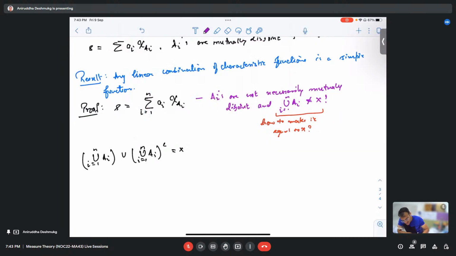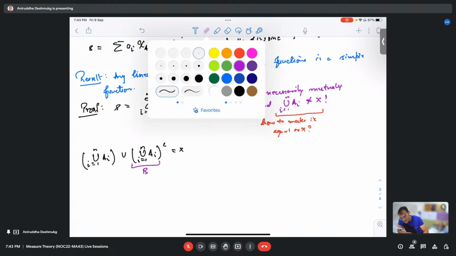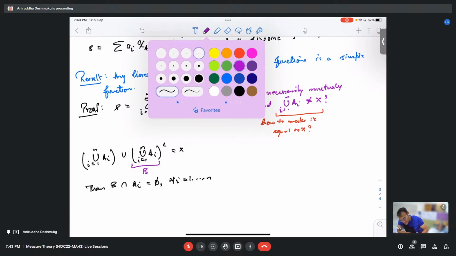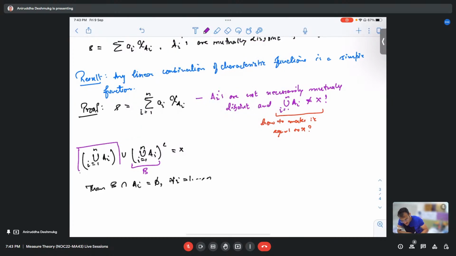All right. Now this is fine. Also, let us call this set B. Then B is disjoint with every A_i. Do you agree with that? Yes, sir. Okay. Now somehow I want to make this mutually disjoint.